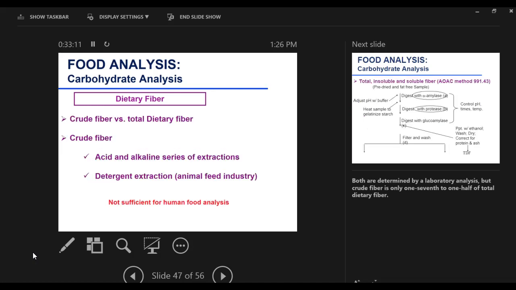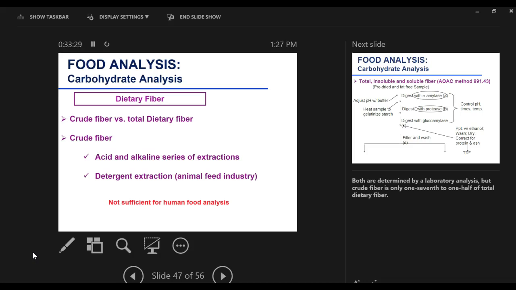So, in the past, dietary fiber was measured via a crude method, which is no longer acceptable for food. You won't find it in your chapter in the book anymore. They removed it from the book chapter because it's not used anymore for food.